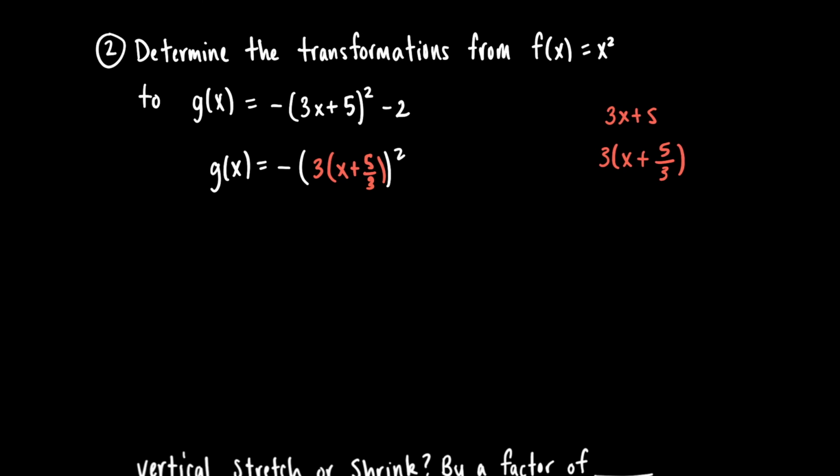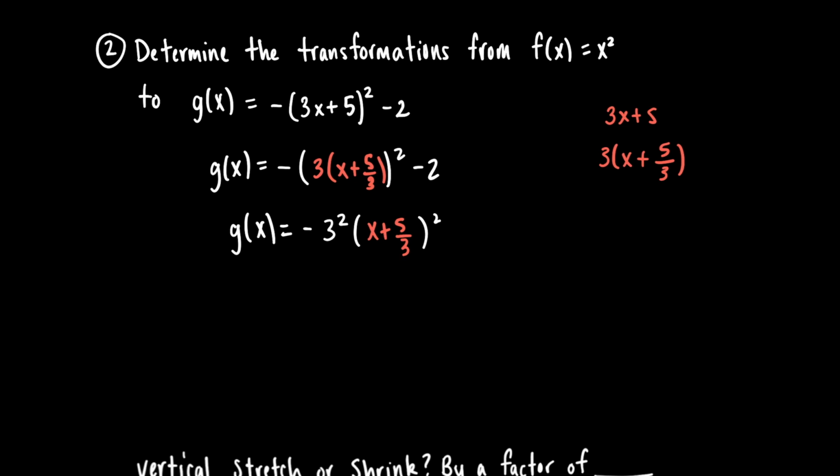Squared, then minus 2. And we're going to do the same thing we did last time. So we'll have the negative here. We'll pull that 3 out in front, and we'll keep the x plus 5/3 in there, except when we pull the 3 out, we've got to square it, because inside these parentheses that 3 is being squared. So if we pull the 3 out of the parentheses, we just need to take into account the fact that it was squared originally.